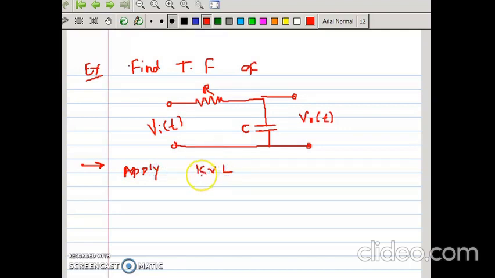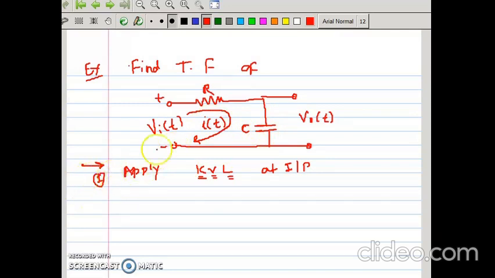KVL stands for Kirchhoff's voltage law. We are applying KVL at the input side. So this is the positive point and this is the negative point, that means it is starting from positive to negative, right? And that current we are assuming as I, or we call it I of t, right?